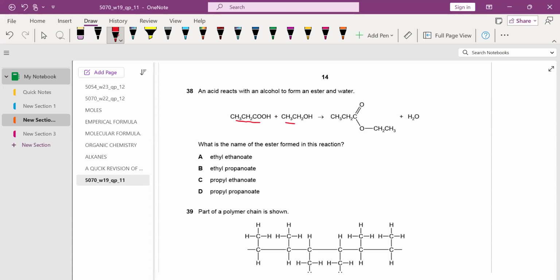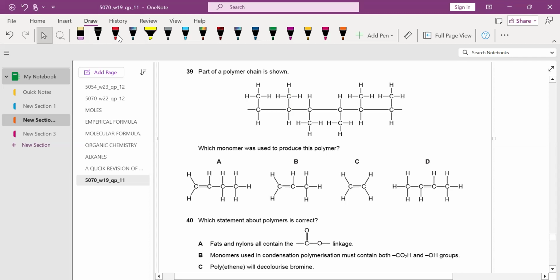We have 2 carbons here, 1, 2. So the name of the ester is ethyl propanoate. The alcohol is ethanol, and the acid was propanoic acid.